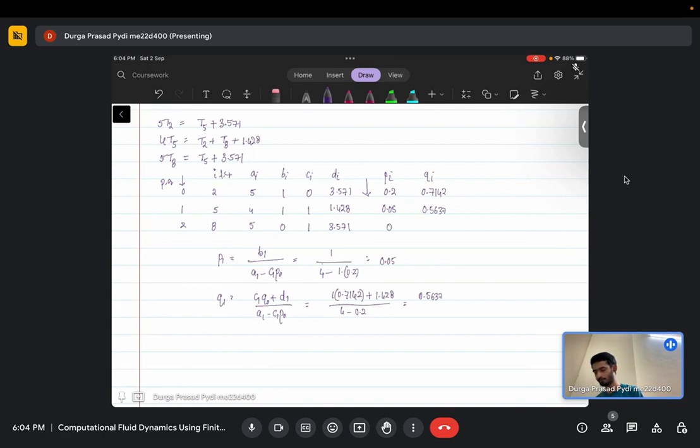And for the last one we don't have P, we just have the Q. So Q2, which equals T8, is C2 times Q1 plus D2 by A2 minus C2 times P1.